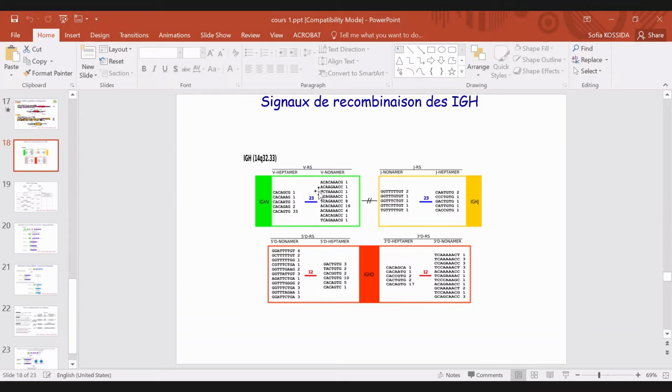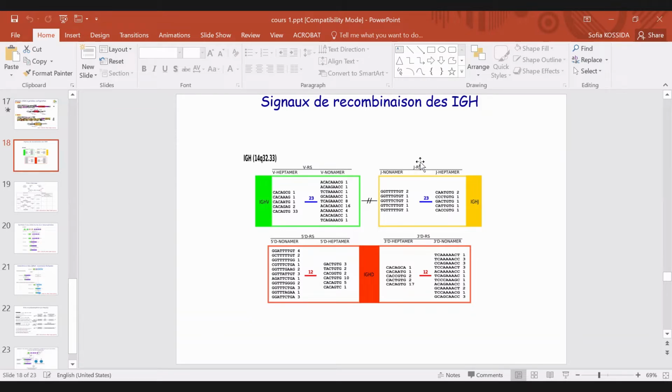If there are 23 nucleotides in one spacer, and 23 nucleotides in the other spacer, a recombination cannot take place. So you see, a variable gene cannot recombine with a joining gene.